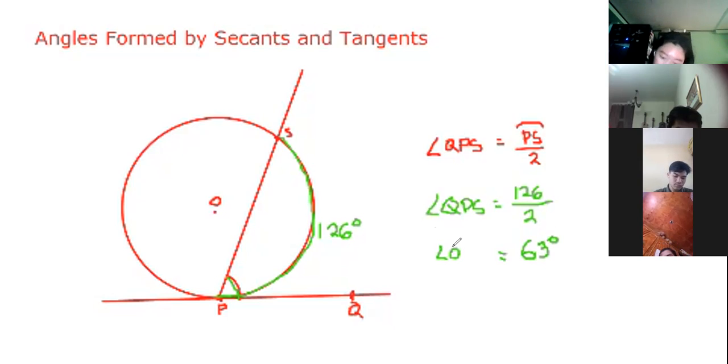So, angle QPS measures 63 degrees. Naunawaan? Ganun siya.